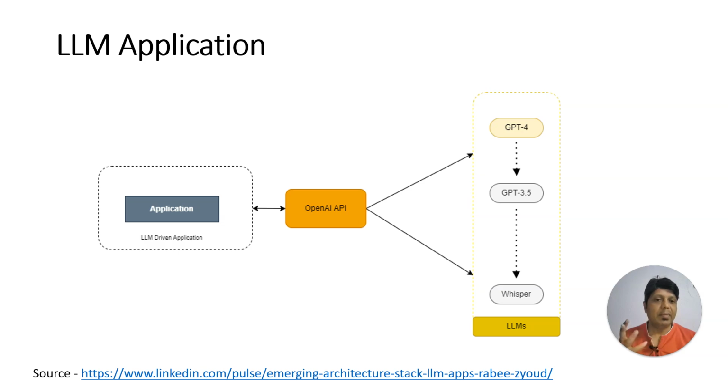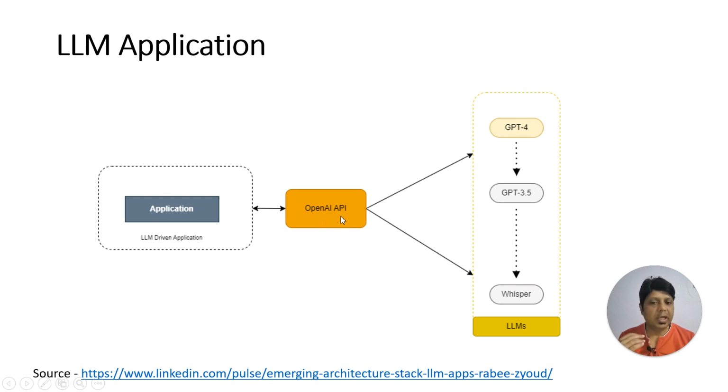In an LLM application, we use an LLM as a backend. So we have an application for which we are using an LLM to provide the answer. A user comes, asks any questions, and we interact with these LLMs through an API. In this diagram, we have shown LLMs from OpenAI, GPT-4, GPT 3.5 and all.